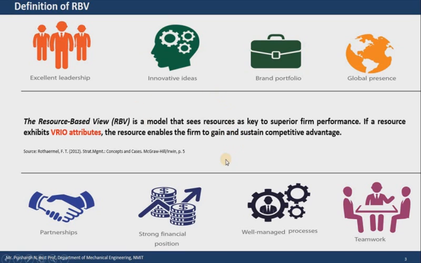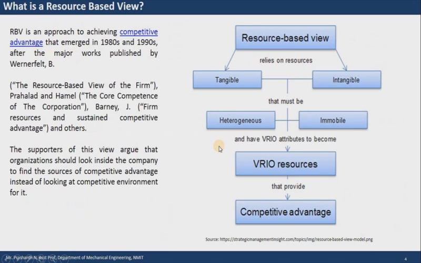Now let us look into this in a little bit more detail. This RBV approach of achieving competitive advantage is not a new concept. It emerged in the 1980s and 1990s after the major works published by Wernerfelt and Barney. A lot of other people are also working on this particular area.